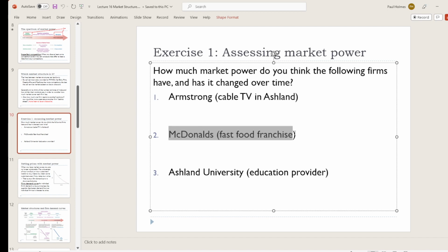How about McDonald's? McDonald's has competitors, right? So it's clearly not a monopolist. Despite the fact that it has a monopoly on McDonald's hamburgers, that doesn't make them a monopoly. There are clearly firms that are closely related. Now, again, we could probably rule out perfect competition, right? There aren't lots and lots of firms selling identical products.